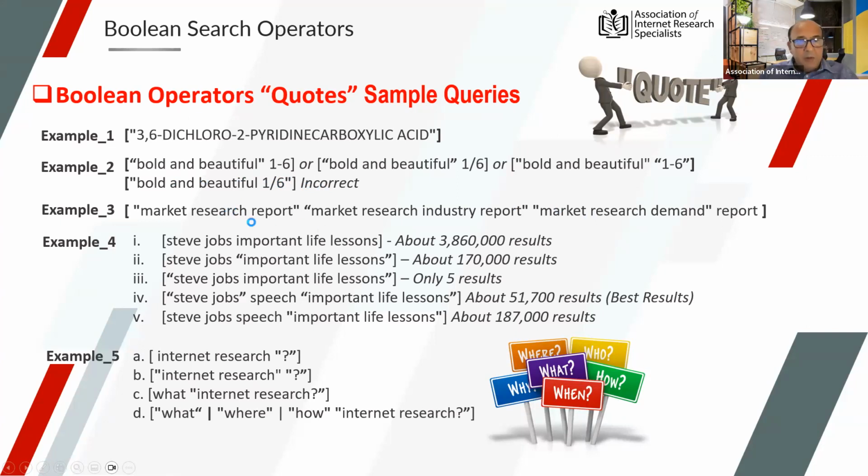In example 3, we've got market research. We've got 3 search terms. Okay. And this example 3 is for me to describe and explain how this search query can be improved by moving the words, eliminating certain words, making it into a short search query.